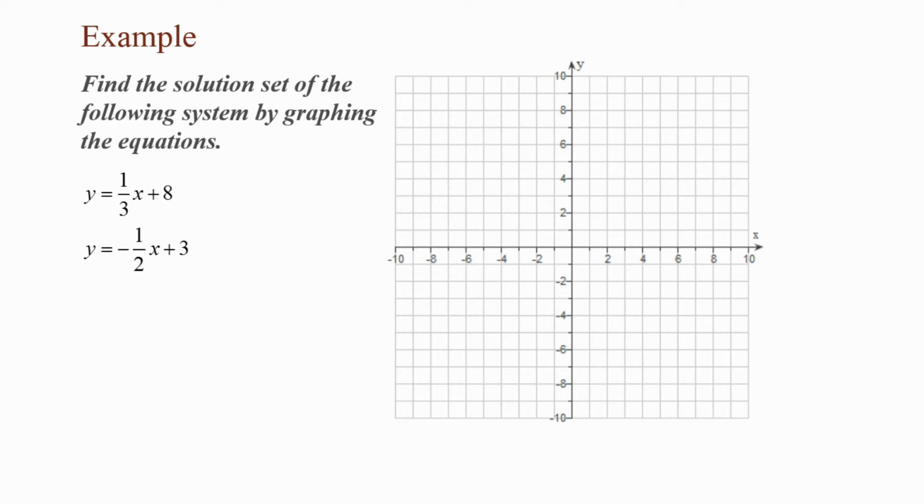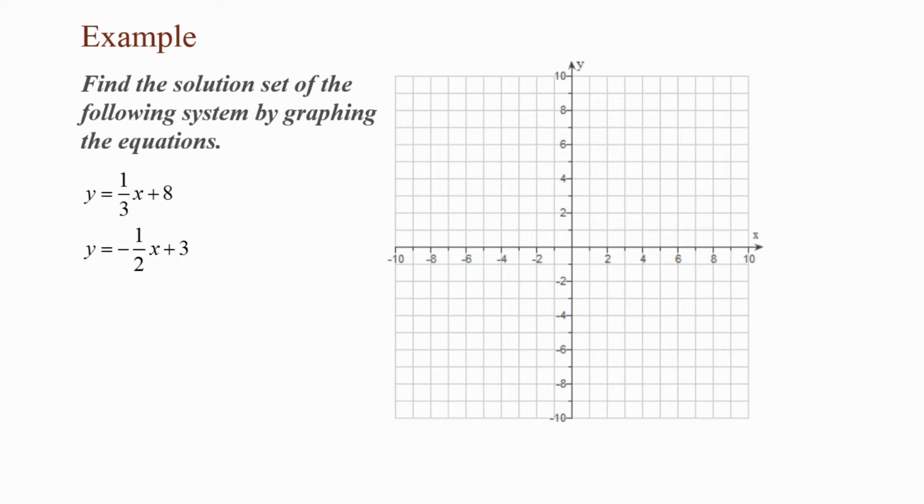In this example, find the solution set of the following system by graphing the equations y equals 1/3 x plus 8 and y equals -1/2 x plus 3. Since both equations are in slope-intercept form, I'm going to graph them by finding the slope and the y-intercept.